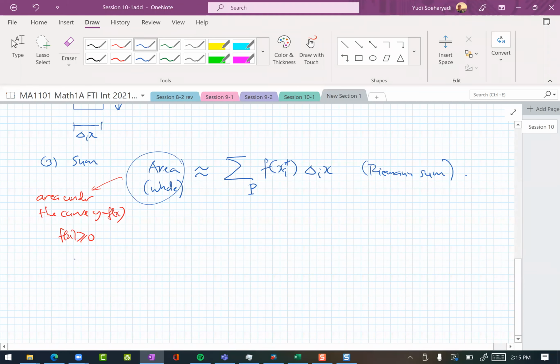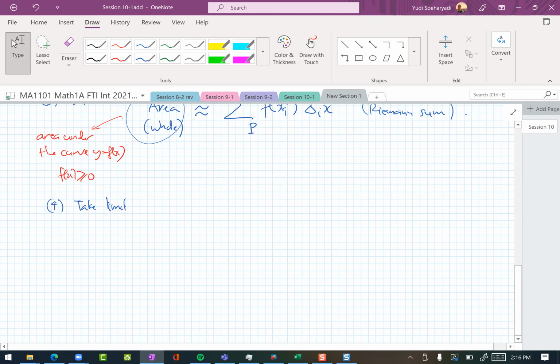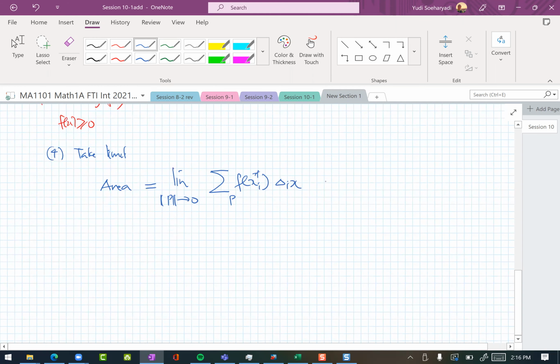And the last one is take the limit. The area, if you get this, will be the limit of this Riemann sum as the size of the partition gets finer and finer, going to zero. Take a look at it.